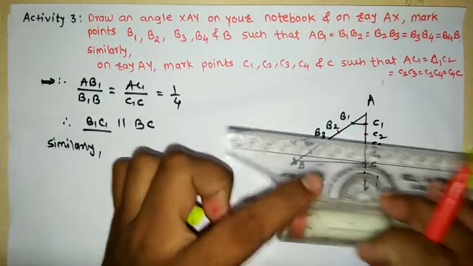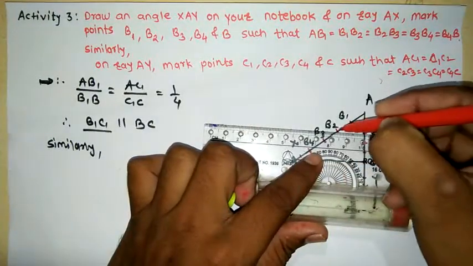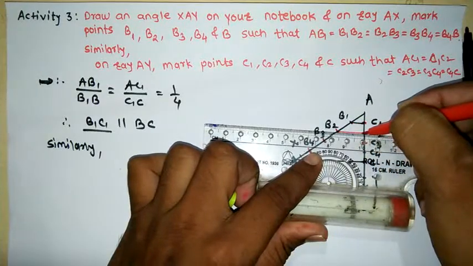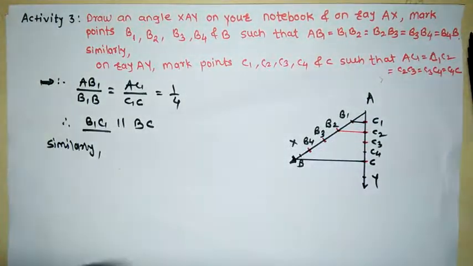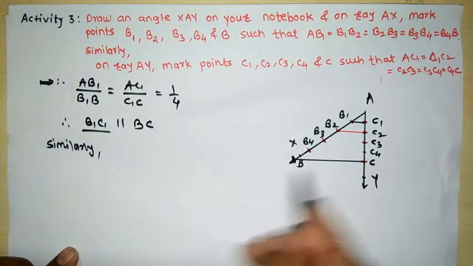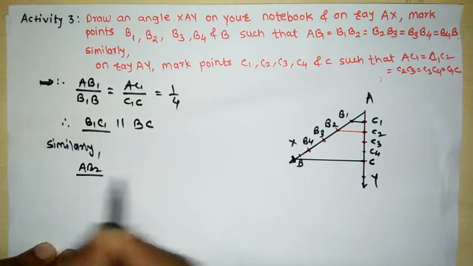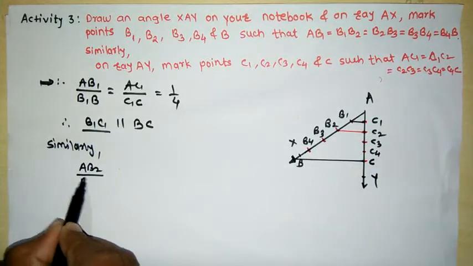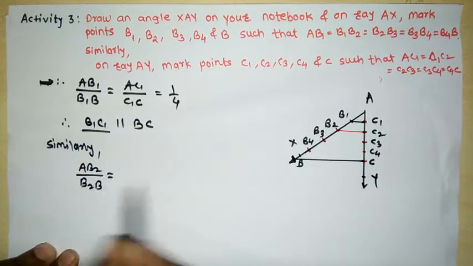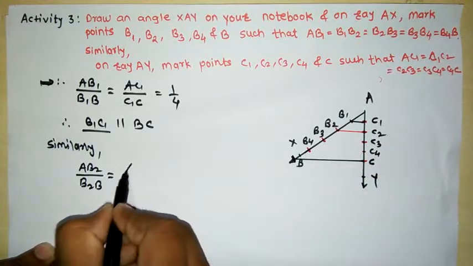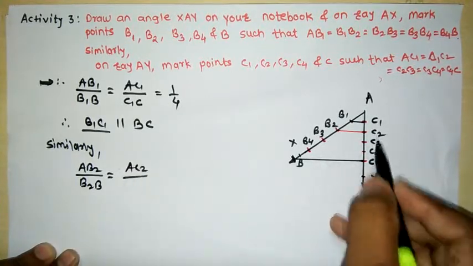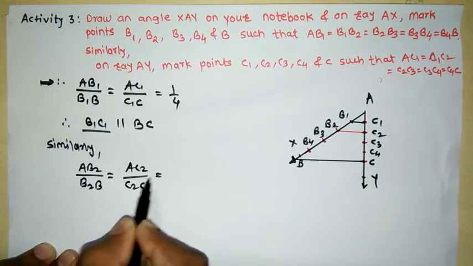you can join B to C2 also. See here, I have joined B to C2. Now you can write AB2 divided by B2B is equal to AC2 divided by C2C. What will be the answer?